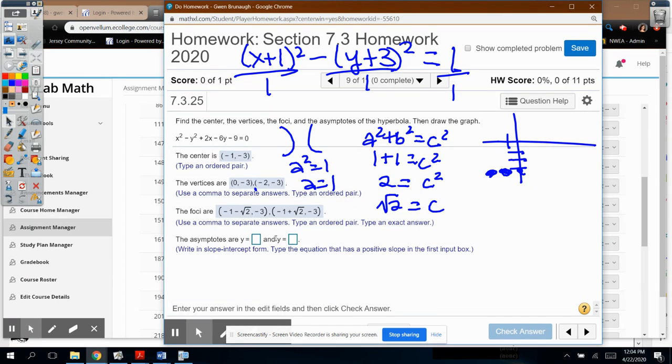Okay? And then where are the asymptotes? Well, this one works out pretty nice for the asymptotes because b squared is 1. So when I draw my rectangle, I'm going to go up and down 1 as well. So can you see where my rectangle is here? I'm going to be able to see where the y-intercepts are because they're going to touch real nice. Now, my slope is I'm rising 1, running 1.